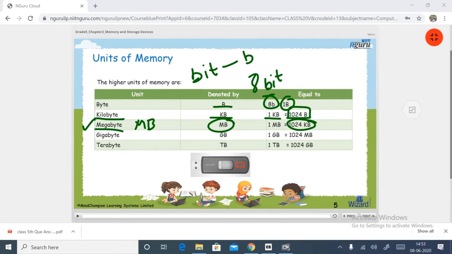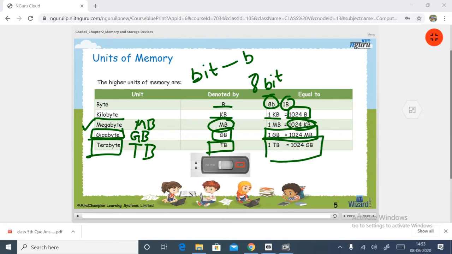Then gigabyte, denoted by GB. So 1 GB is equal to 1024 MB. Each unit is equal to 1024 of the previous unit. Last is the terabyte, denoted by TB. 1 TB is equal to 1024 GB.